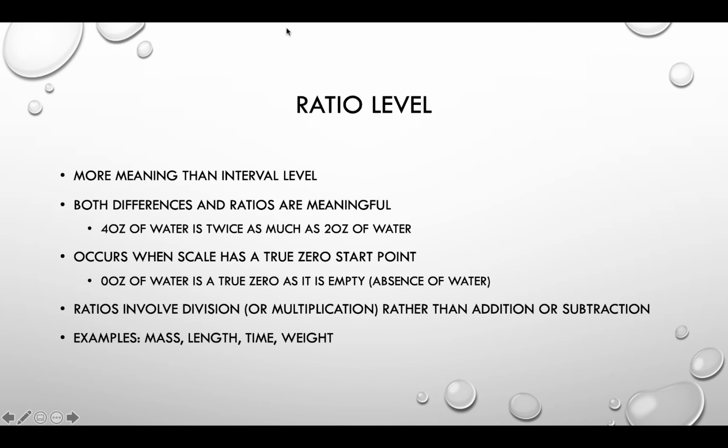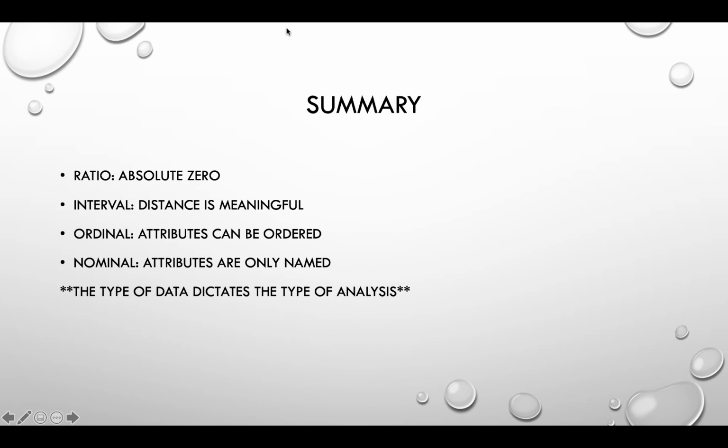It is the absence of water. So again, we can do not only addition and subtraction with our data, but also division and multiplication. When you think of measurable data, think of those very typical measures: mass, length, time, weight, etc.